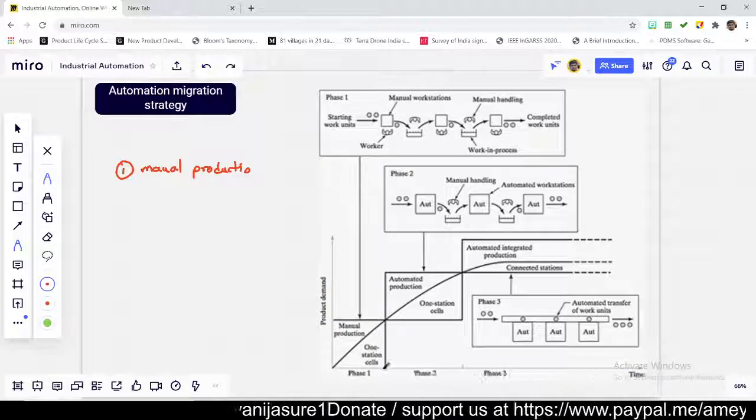At the initial stage, once your product is ready to get into the market, you start manufacturing or production of that specific new product. And at the initial stage, you will do all the operations manually. So this diagram represents the first phase.